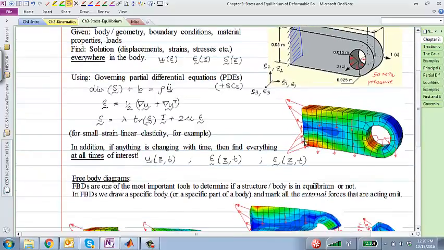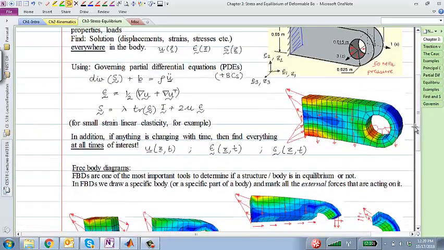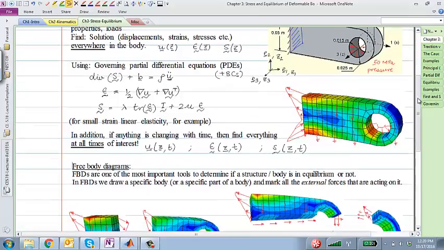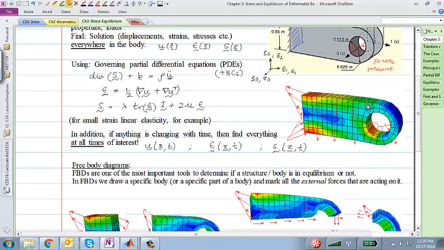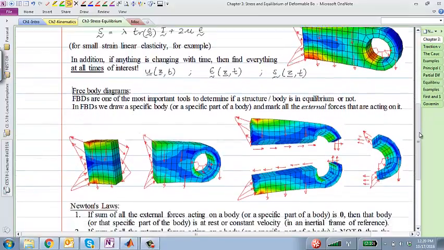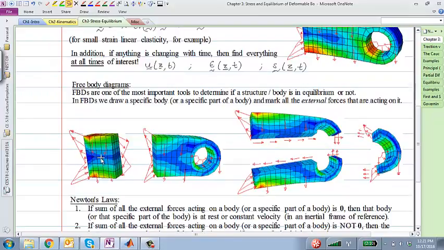Maybe not very well, but the fact is that when we draw a free body diagram, we are drawing all the external forces to that part of the body. Another important part is that no matter what part of that body you imagine, all of the forces will have to follow these three Newton's laws right here.